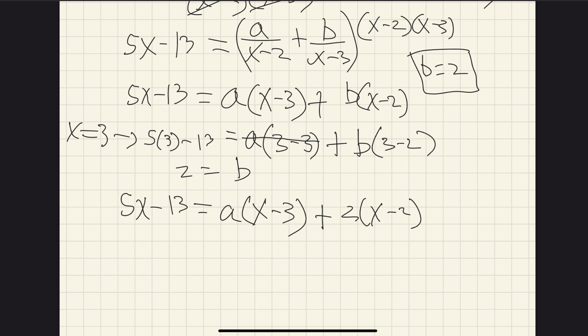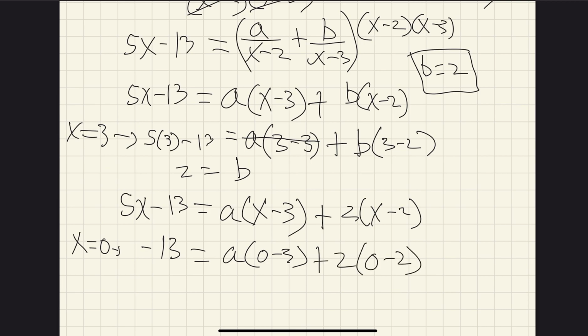So you can plug in whatever you want for x. I usually do 0 or 1 since they're the easiest. So I'm going to plug in 0. So we get 5 times 0, which is just 0, minus 13 equals a times 0 minus 3 plus 2 times 0 minus 2.